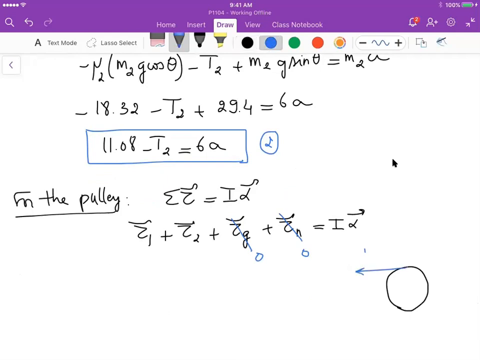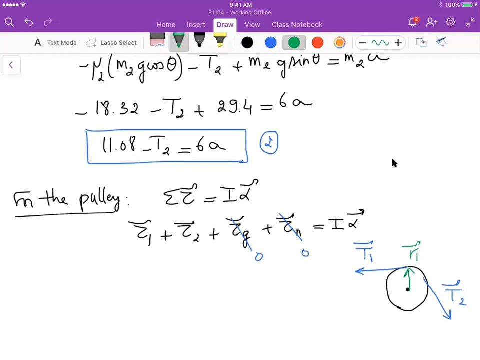So this is T1, as we have called it, which on this side is connected to M1. On this side we have T2. Okay, now how much is tau 1 and tau 2? This is what we are going to define. As we know, let's take the center, and the way we can determine tau 1 and tau 2 is that we have to draw the position vector of the point of application of these forces.